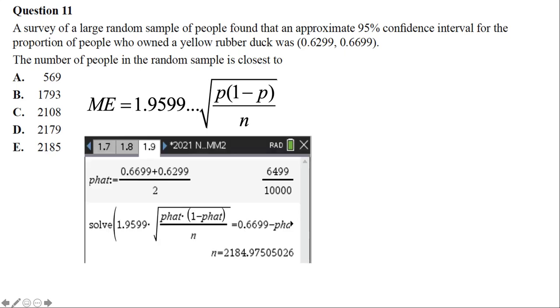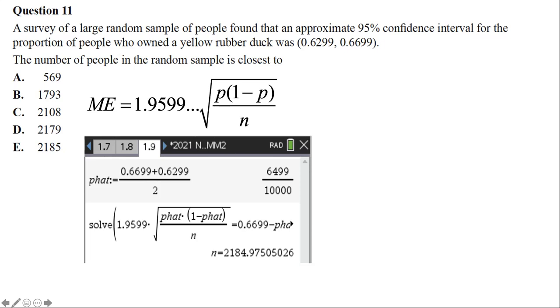Now, to get the value of p hat, I just add up the two boundaries and divide by 2. So I would get 0.6499, or 6,499 over 10,000. Then I subtract this number from the upper value, and I will equate that distance to the margin of error here.